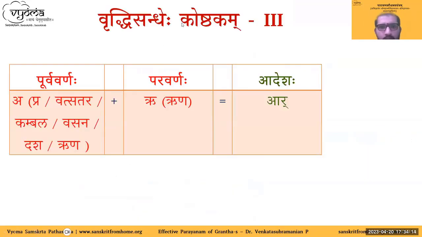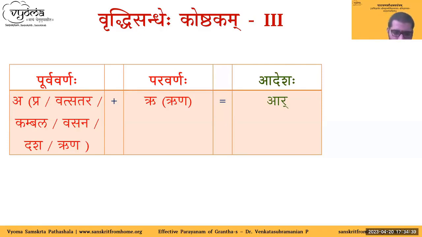Okay. So the next rule is, on the left hand side we should have the akara ending of these words: pra, vatsatara, kambala, vasana, dasha, rina.